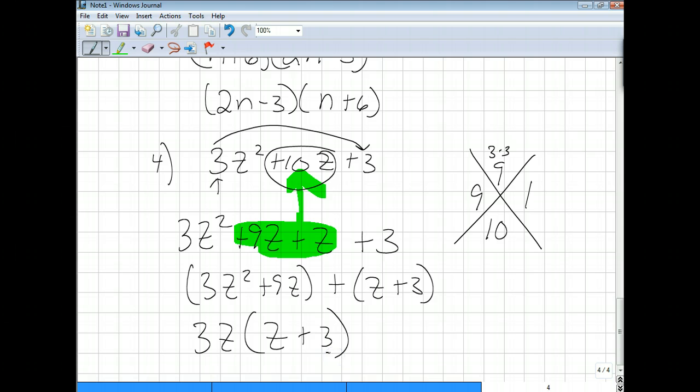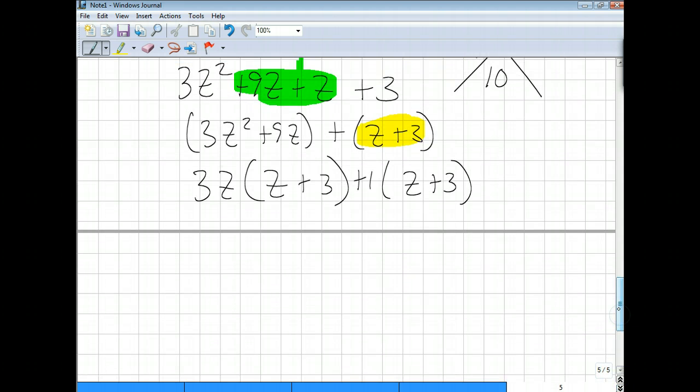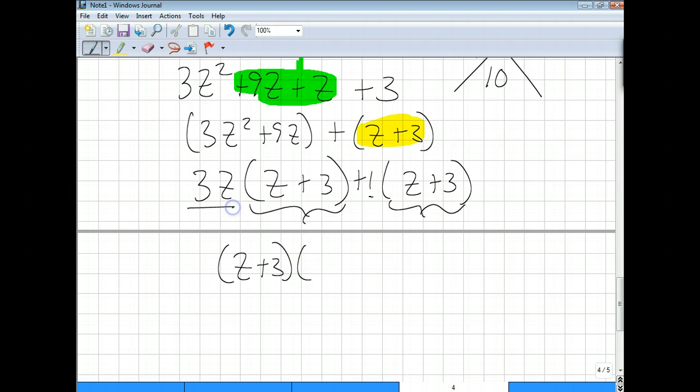And in the second parenthesis, the only common factor there is a 1. So I factor out a 1. Now the common factor is z plus 3. And what's left over? 3z plus 1. And there are our factors.